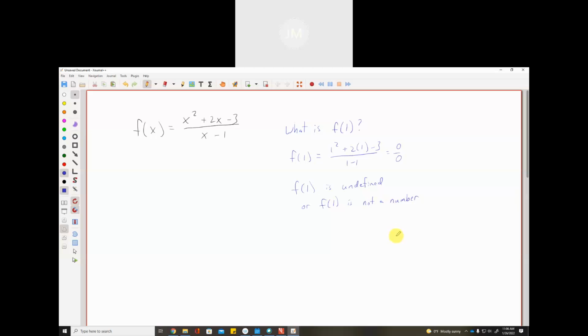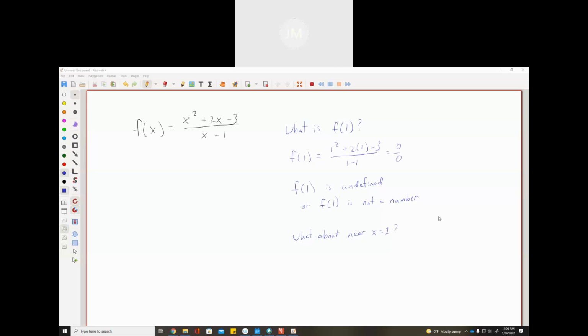What about x values close to 1? Can I plug in something close to x equals 1, like x equals 0.5 or x equals 0.9? Those would work fine, right? Anything except 1 in the denominator is going to give me a perfectly non-zero number, so I won't have to worry about dividing by 0.